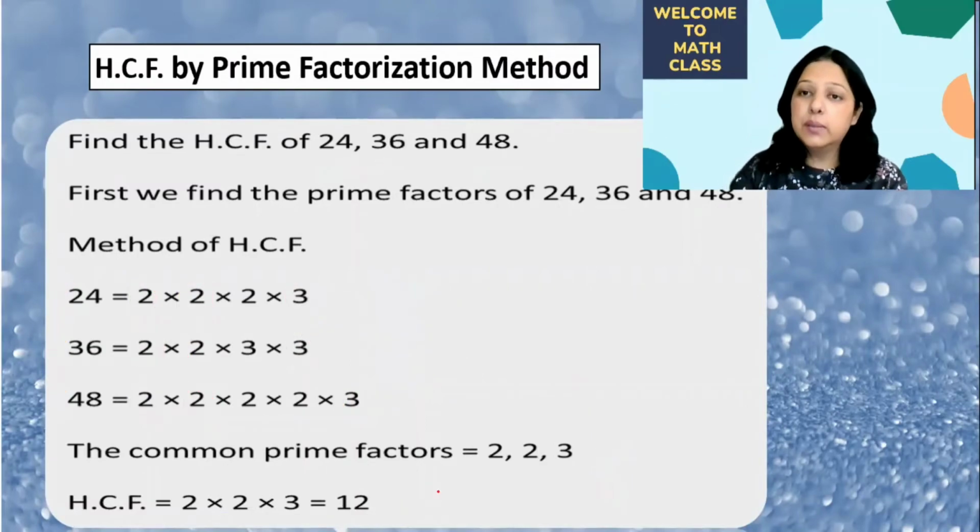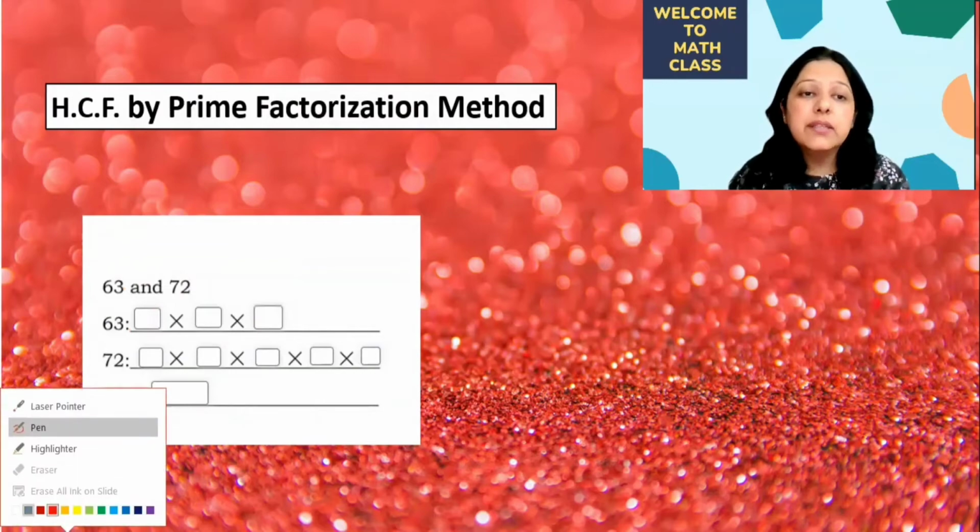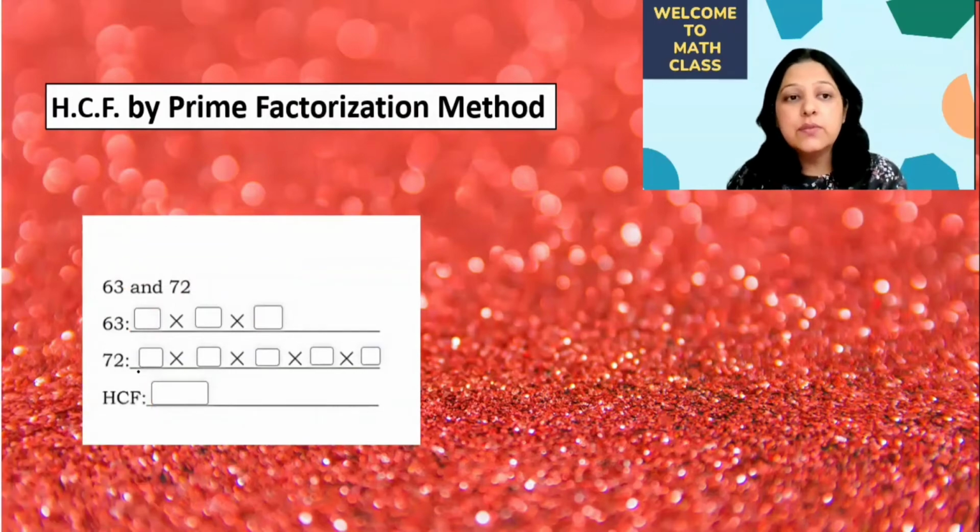Let us discuss one problem. Suppose you want to find the HCF of 63 and 72. Now, prime factors of 63 will be 3 into 3 into 7.